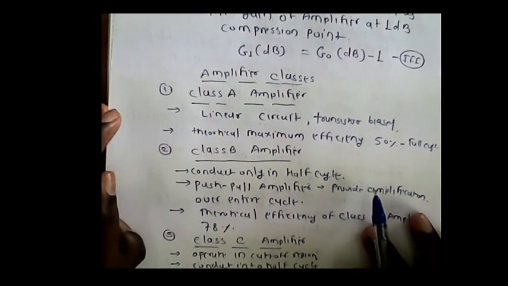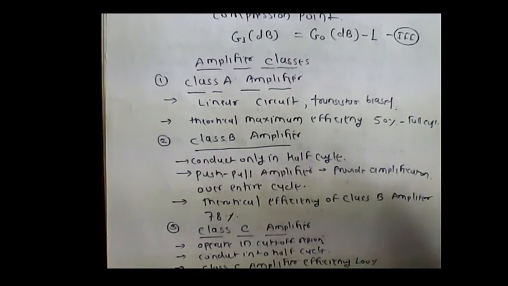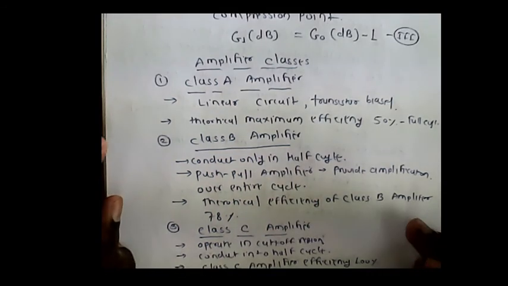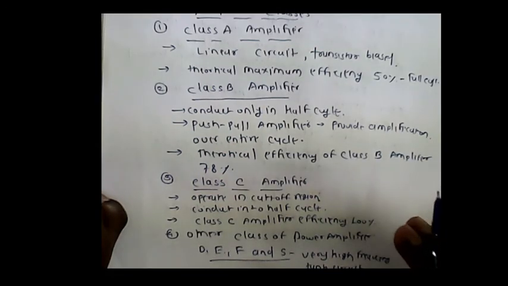Next we see the amplifier classes: class A, class B, class C, and other higher classes of power amplifier, that is D, E, F and S. Class A is a linear circuit with the transistor biased to conduct in full cycle, with theoretical maximum efficiency of 50%. Then class B amplifier conducts only in half cycle.